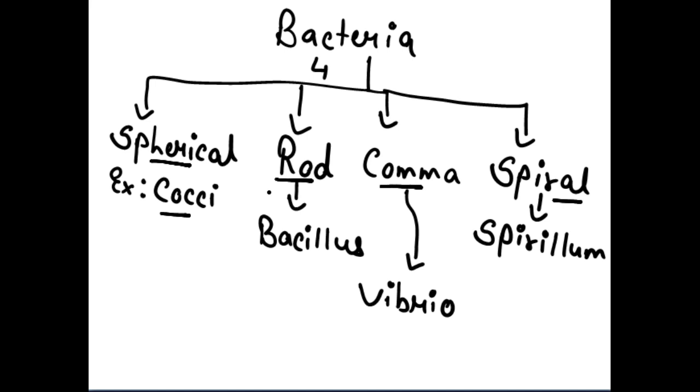So now let's understand further the typical structure of the bacteria. The bacteria consist of the outermost layer, the cell envelope, and the structures within the cell envelope.